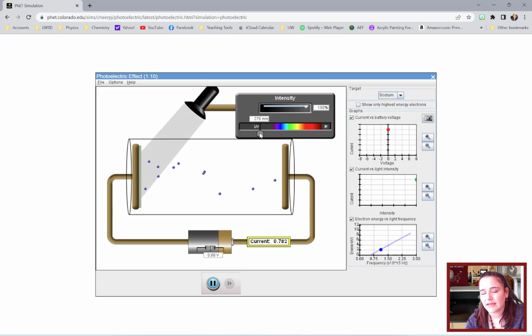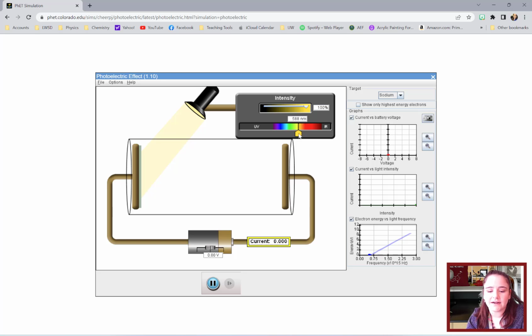Now, this didn't make sense to scientists because, well, if light is a wave, then it should be affected by both its amplitude or its intensity and its wavelength or frequency. But what we saw is that no matter how intense the light is, for example, in this case, for sodium, a low frequency light is not going to cause it to emit electrons.